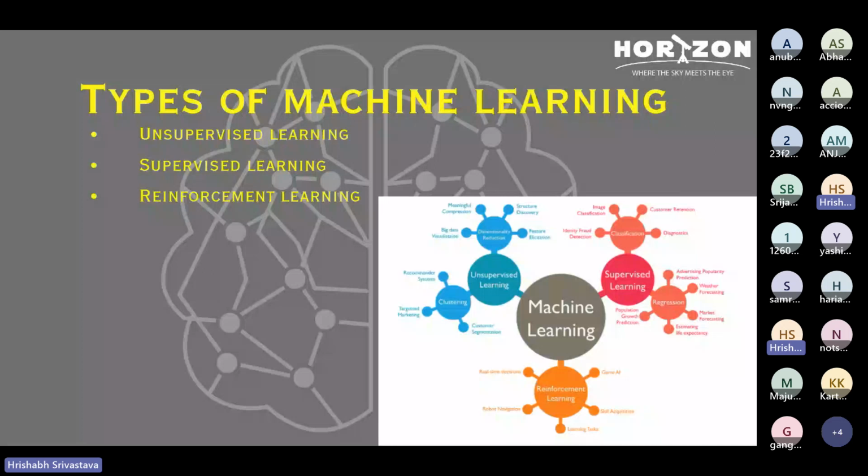This is the concept of machine learning. We give the model an input as well as an output, and it learns from both and creates a model. Once that model is created, we can give it an unknown input and it will give us an output.